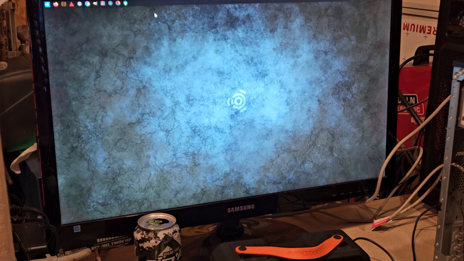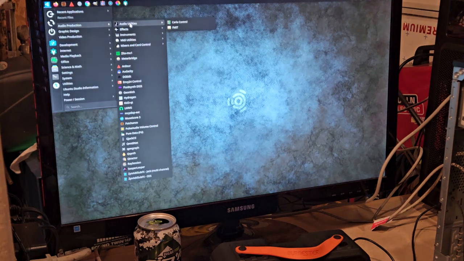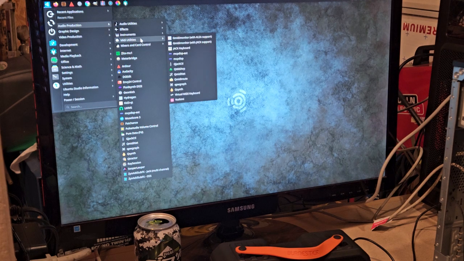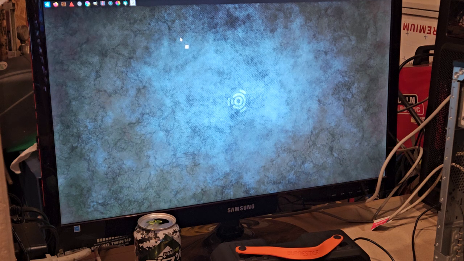Let's close it. Hexter. Not sure what half of these are.